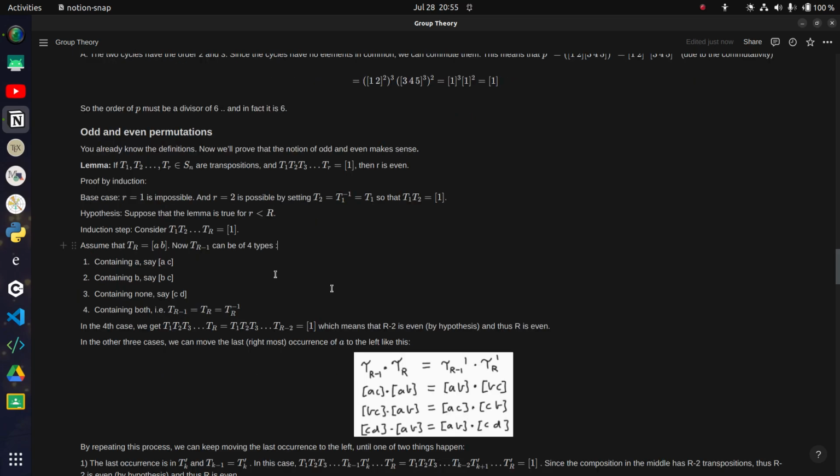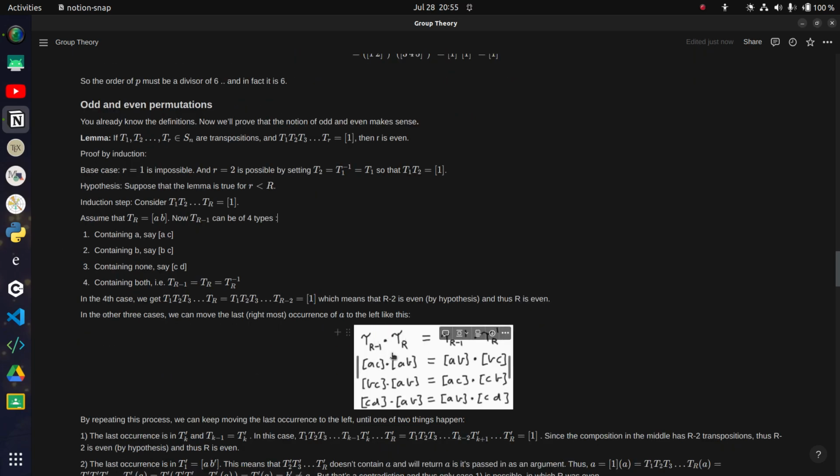So what you have to do is some observations. The one observation you can certainly make is to multiply T R minus 1 and T R, and what you'll see is that you can always write this as something containing A on the left, and on the right you will have transpositions which do not contain A. So you move the last occurrence of A from the rightmost transposition to the second rightmost transposition, and you can keep doing this until one of two things happens.